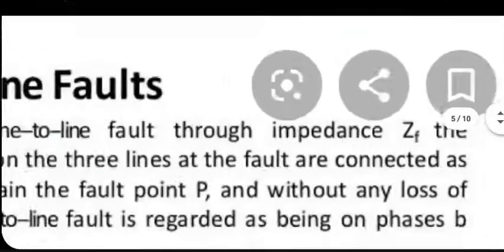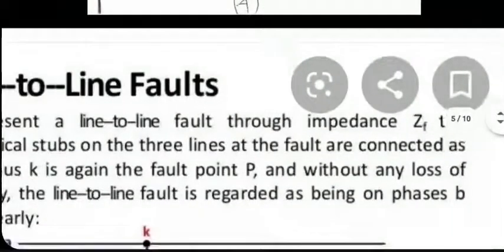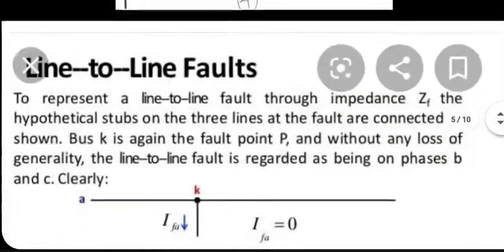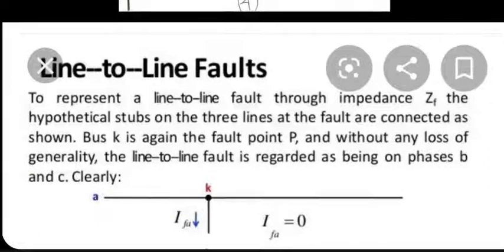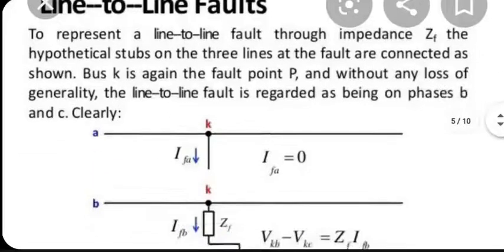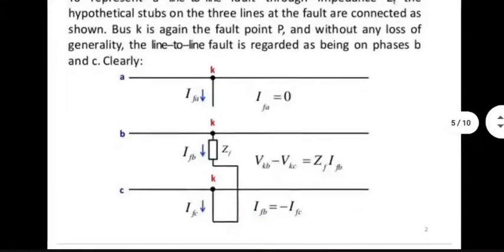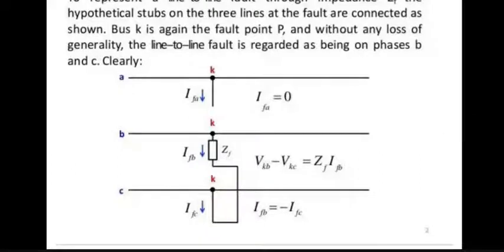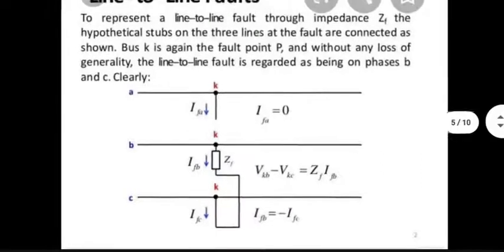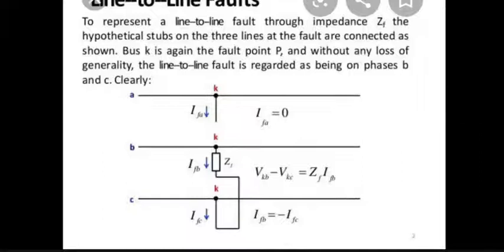Now, some pictorial description taken from literature. Line to line faults, they are known as L to L or LL faults. Essentially they are like this. You have an undesired impedance between two lines.